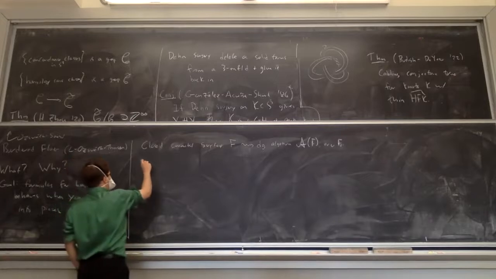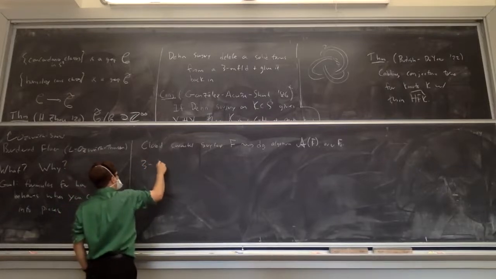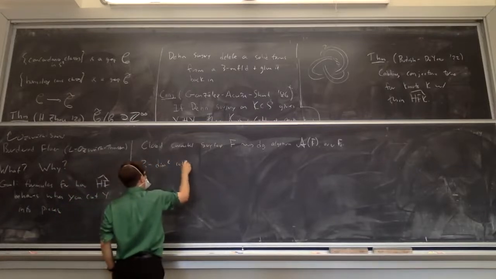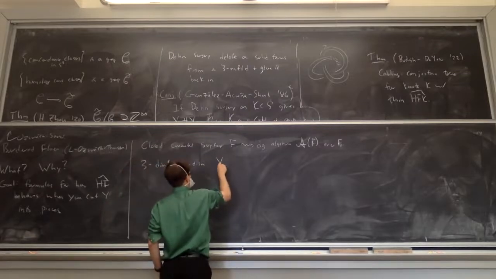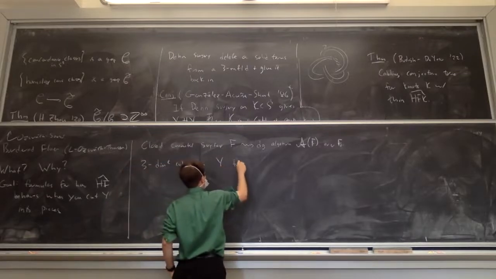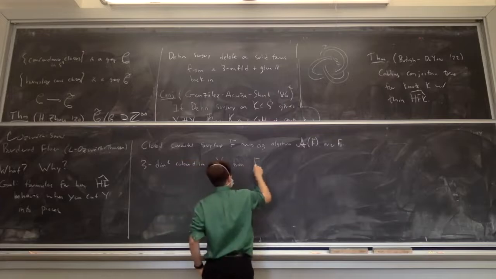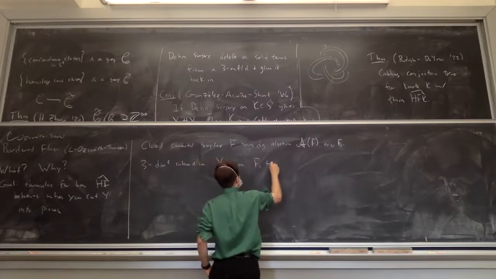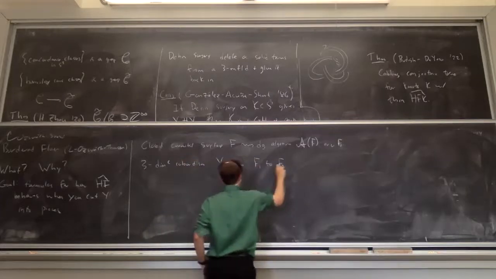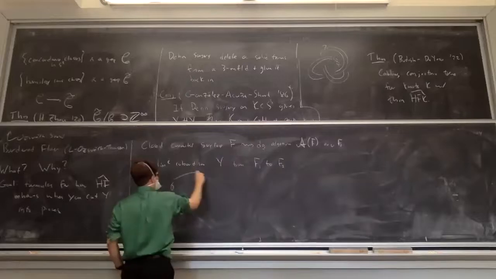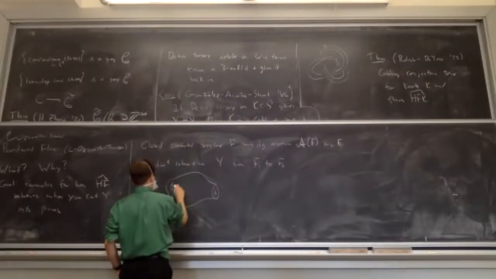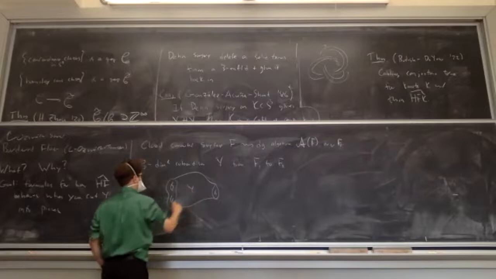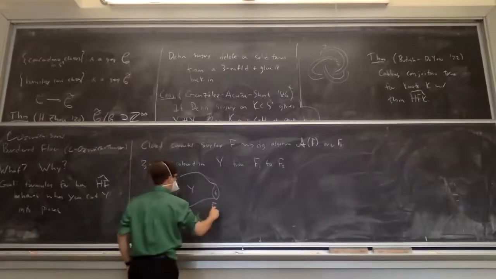To a 3-dimensional cobordism Y from F1 to F2, I've got some surface Y, F1, F2.